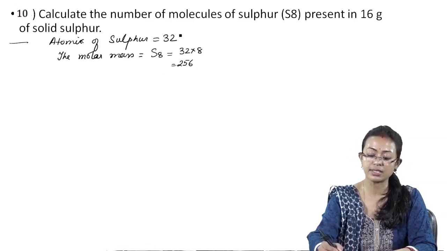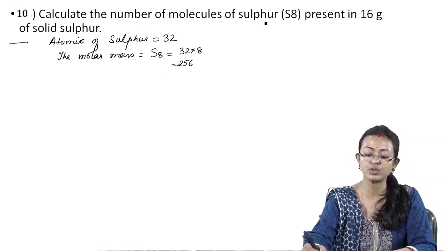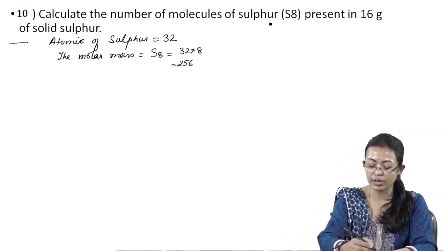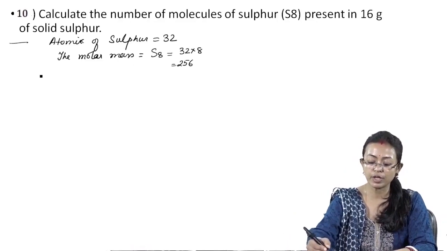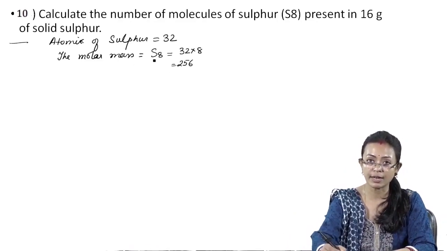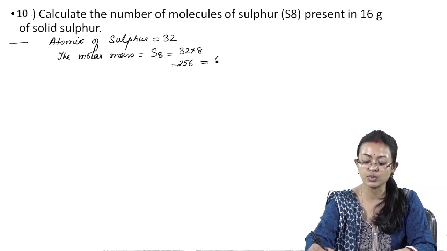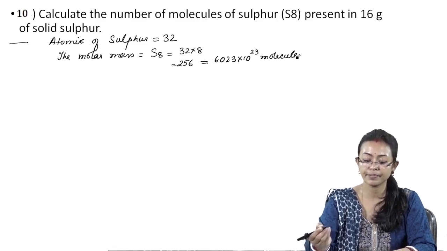Now here they are asking you to find out the number of molecules of sulfur. We already know the molar mass of S8 is equal to 256, which will be equal to 6.023 into 10 to the power 23 molecules. Clear?